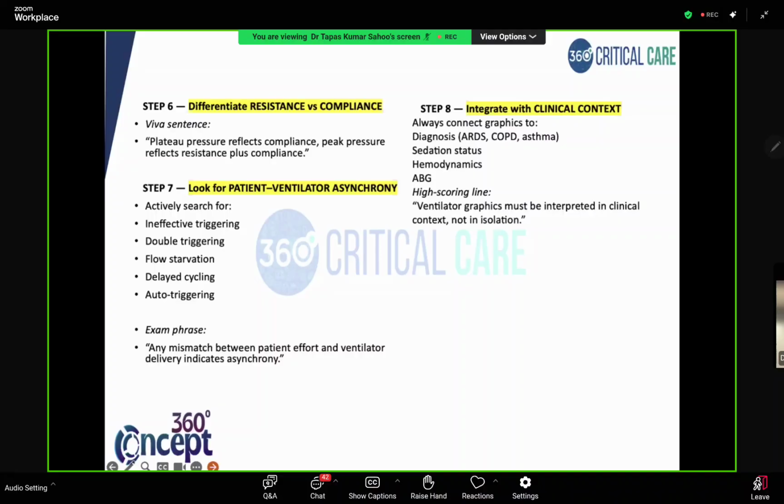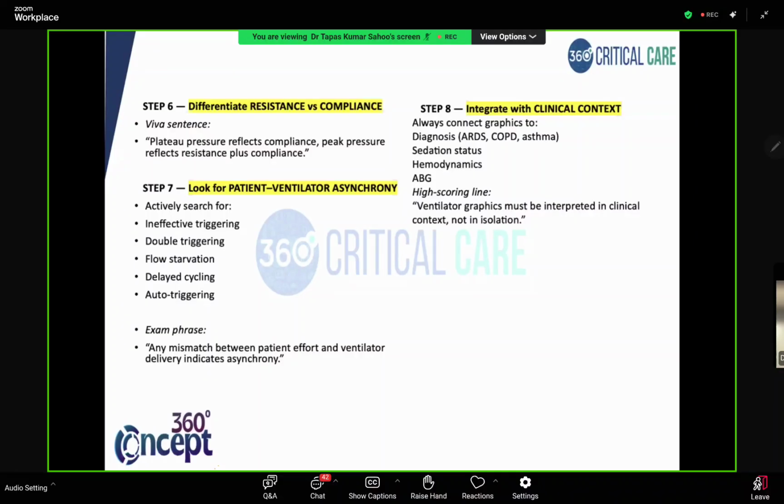Whether you need to give sedation to the patient so that the patient will not get double triggering, whether you need to give some fluid because the PEEP requirement is very high, which is affecting your venous return. Whether you need to do an ABG to look at the oxygenation and ventilation part, whether you need to order ABG 4 hourly, 8 hourly after doing the maneuver.